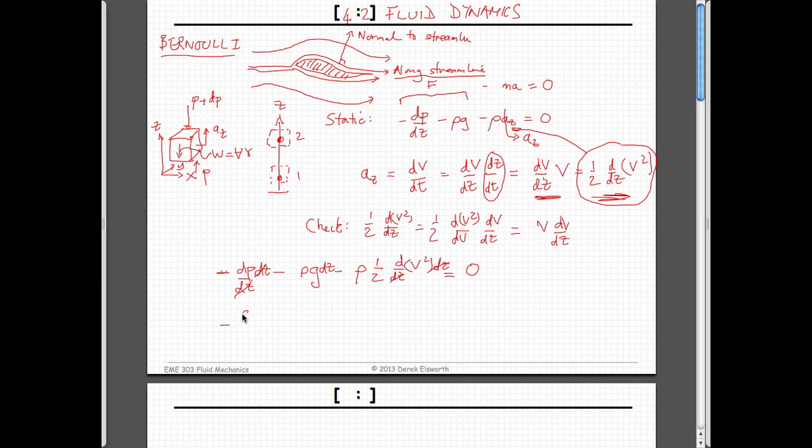So minus integral of change in pressure, minus density times gravity times the integral of elevation, minus a half rho, I guess dv squared, which we integrate as well.